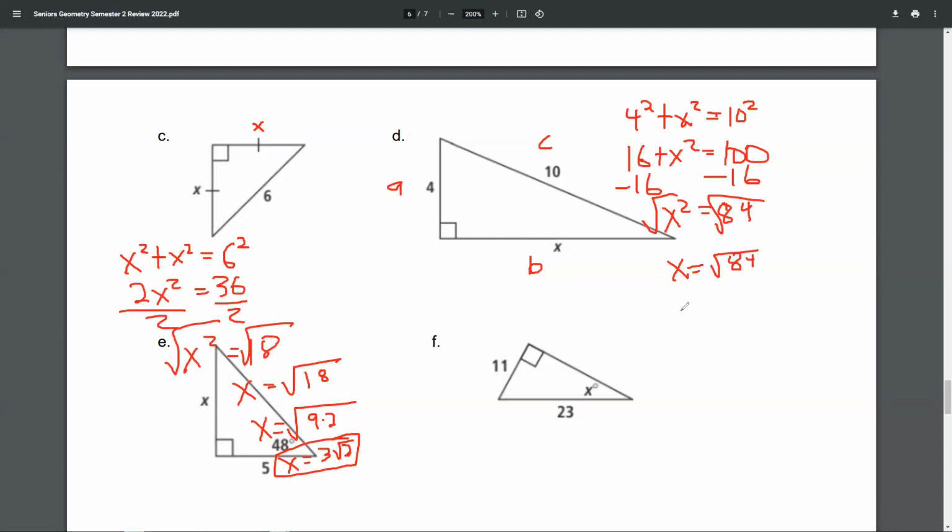If we want to simplify this, we need to find a perfect square that goes into 84. So that would be 4, I think, right? 4 times 21. So we can split this into 4 times 21. And the square root of 4 is 2. So that's going to be 2 square root of 21.